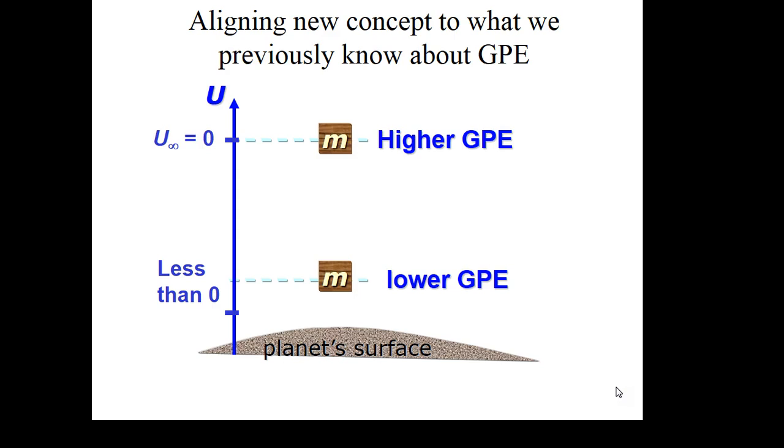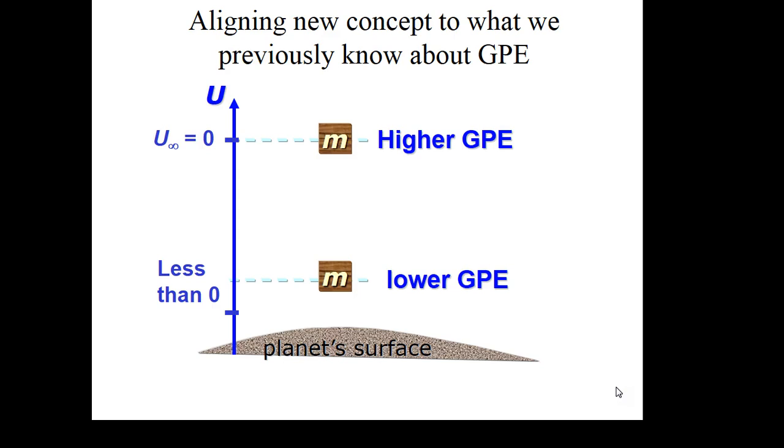Okay, so this is the alignment. Because in our common picture of GPE, we say that when we drop something, we move something higher up, it has a higher GPE. So here, I want you to notice the language very carefully.